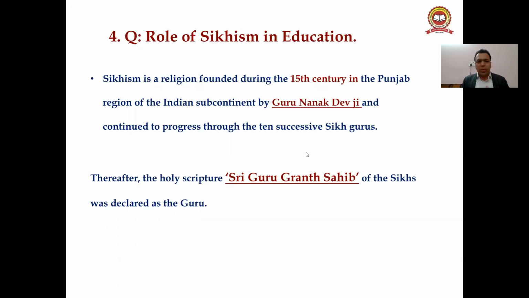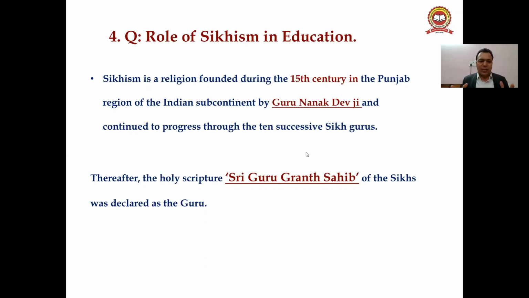Next question, fourth question, which came in your last question paper: role of Sikhism in education. Under this you have to write that Sikhism is a philosophy. It is a 15th century philosophy. The founder of this philosophy is Guru Nanak Dev Ji, and this philosophy continued to progress through the 10 successive Sikh gurus.